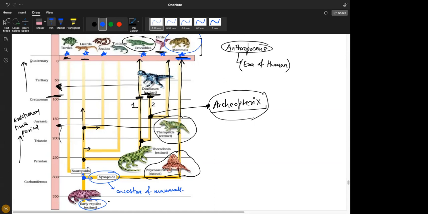They were big lizards. So sauropsids formed turtles, lizards, snakes, tuataras, crocodiles, and even dinosaurs. And dinosaurs went extinct somewhere between the Cretaceous and Tertiary, and this extinction is called the KT extinction. So sauropsids are the ancestors for all the lizards, reptiles, and dinosaurs, and synapsids are the ancestors for mammals. That's good, Fatima.